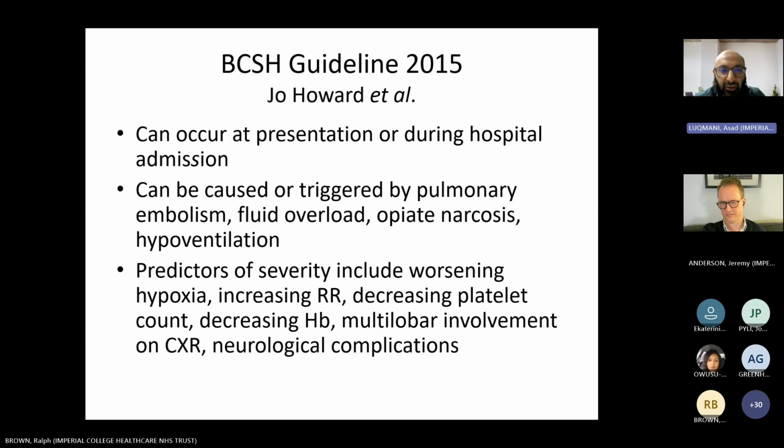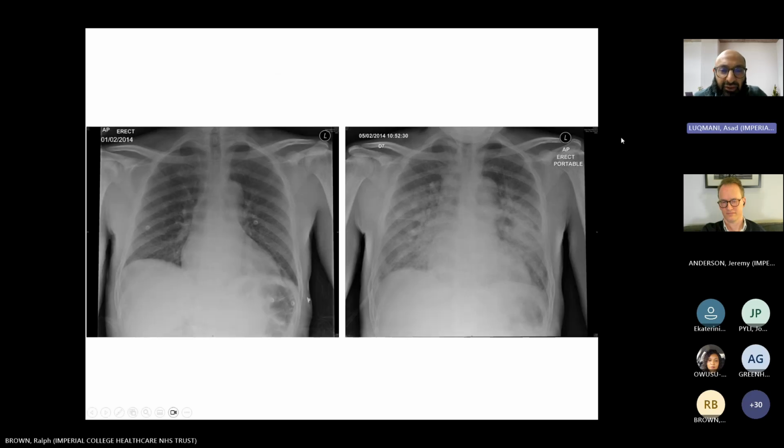Predictors of severity include worsening hypoxia, increased respiratory rate, reduced platelet count, dropping hemoglobin, multi-lobar involvement on the chest X-ray, and neurological complications. Next slide. This is just to show the X-ray changes.